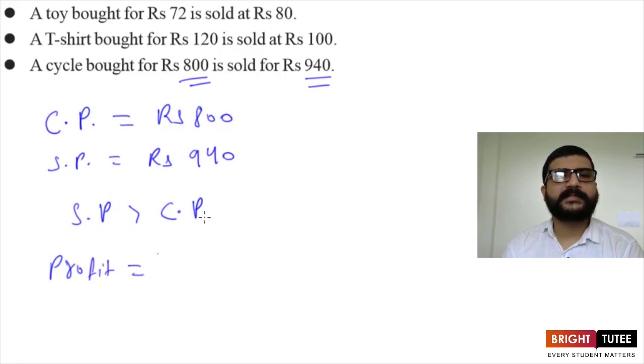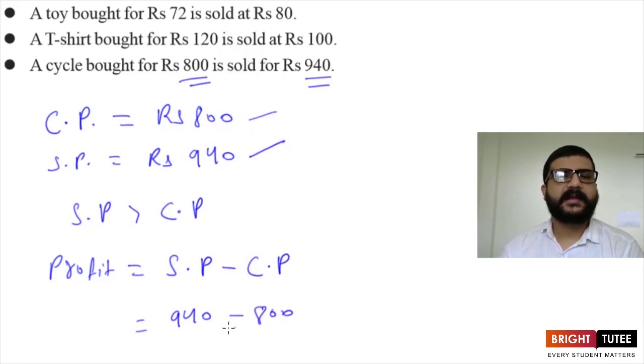Now how much profit is made here? It will be equal to selling price minus cost price. Now what is the selling price? It is 940. So this becomes 940 minus cost price, that is 800. Now what is 940 minus 800?